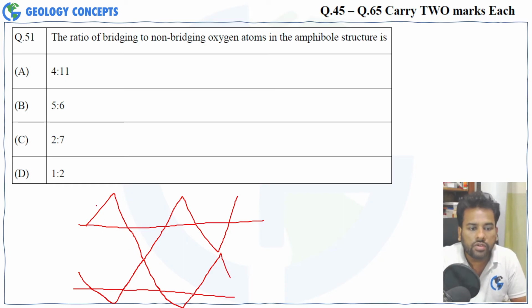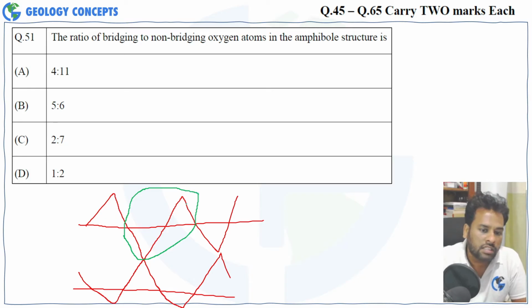The repeating unit in an amphibole is this whole part. If we consider only this, this is a bridging oxygen, this is a bridging oxygen, and this is a bridging oxygen, and this is a bridging oxygen.